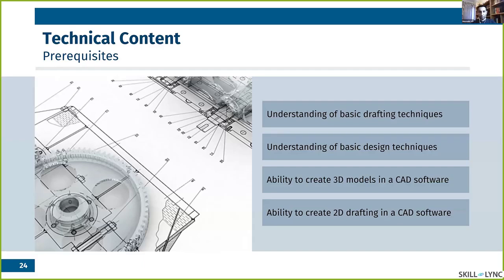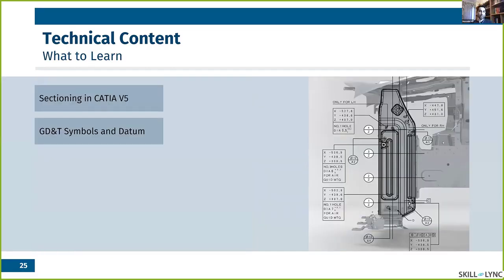But what you are really going to learn is first how to section in CATIA V5, which is so easy. Then I will teach you the GD&T symbols and datums, which are these things you can see here in the picture.